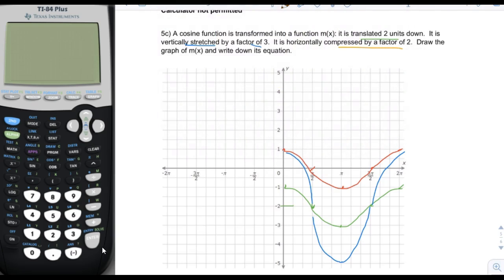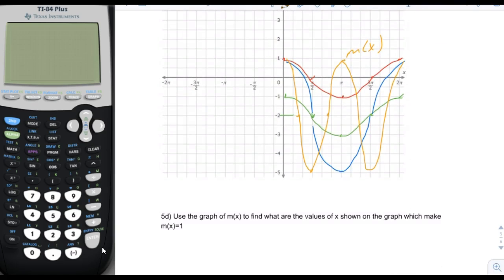So that means it's going to be twice as narrow. So this point is going to be here, this point is here, and this point is here, and this point is here. It's kind of like that. Okay, so this is m of x right there. And so it actually repeats its cycle twice.